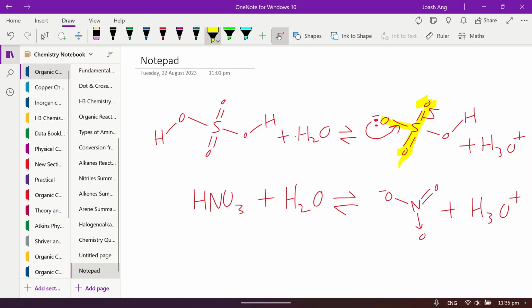But for the nitrate ion, you can see that it can only delocalize among three atoms only. So the extent of delocalization plays a huge role in which anion or which conjugate base is more stable. In this case, the hydrogen sulfate is more resonance stabilized.